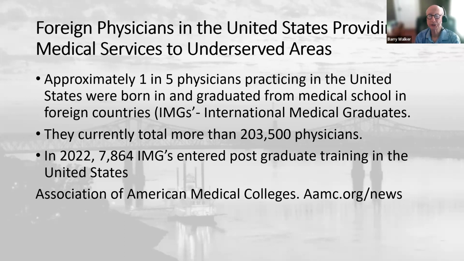There are other agencies that have standing to make waiver recommendations. All of the 50 states have standing to make waiver recommendations, but they can only recommend 30 waivers per year for their state, and that's called the Conrad 30 program, and that was named after Senator Kent Conrad, formerly of North Dakota.